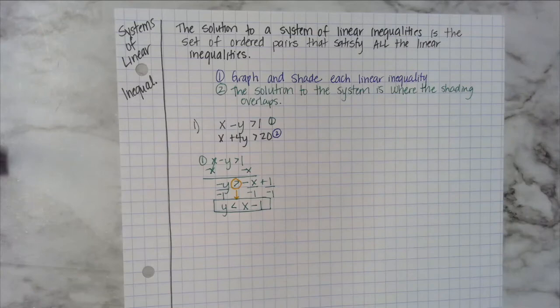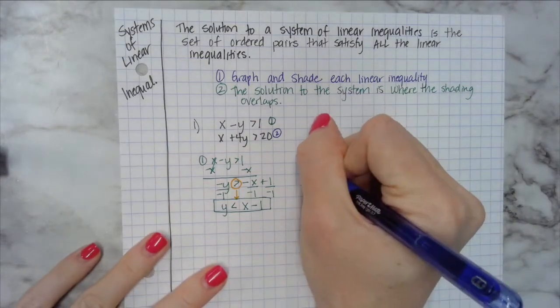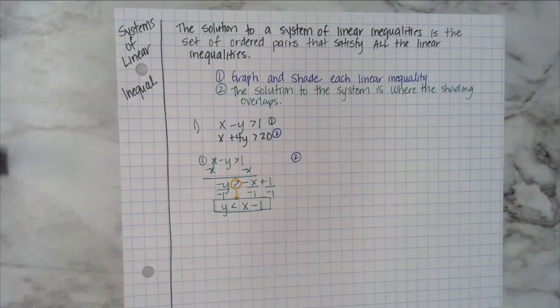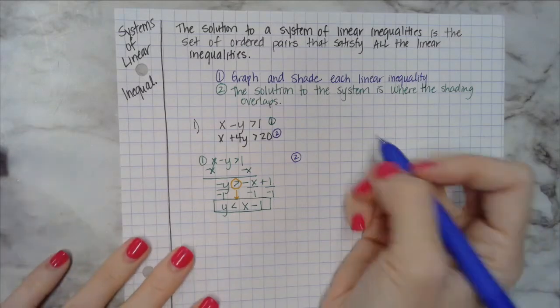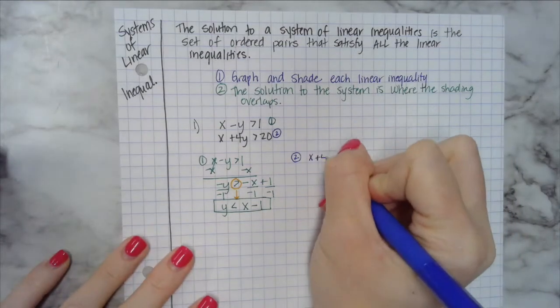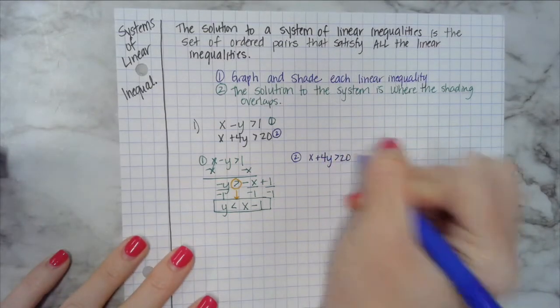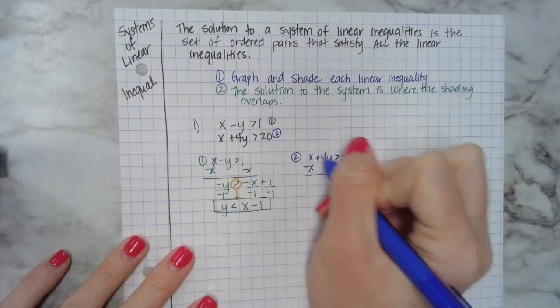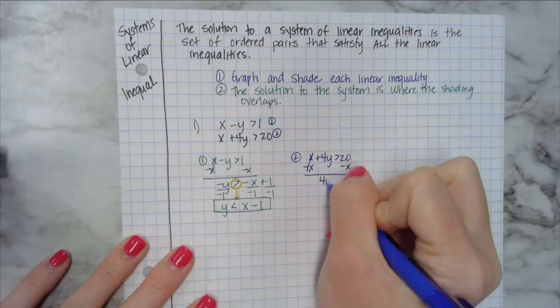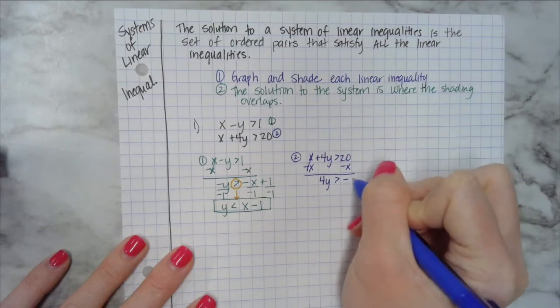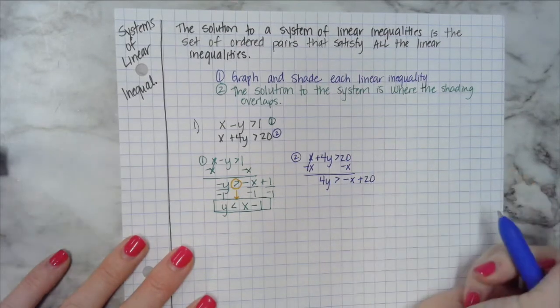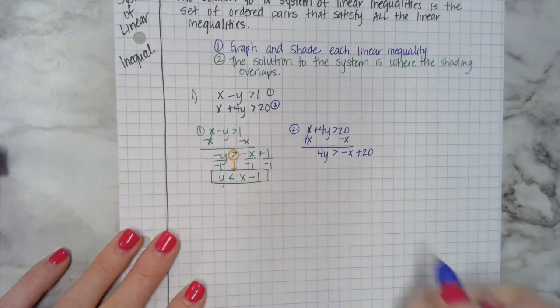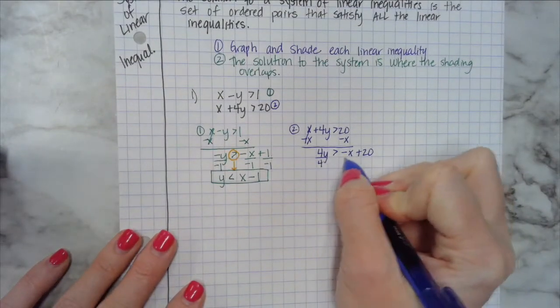Now I'm going to rewrite the second inequality in slope-intercept form as well. So we have x plus 4y is greater than 20. Isolate the y term by subtracting x from both sides. We have 4y is greater than negative x plus 20. Next, I'm going to divide by 4 each term.